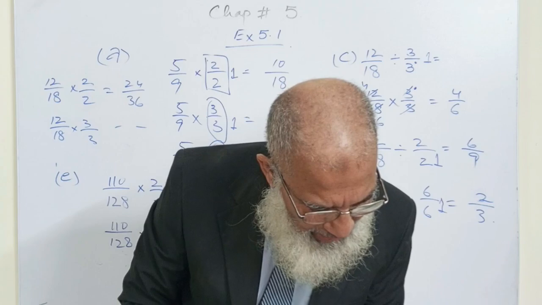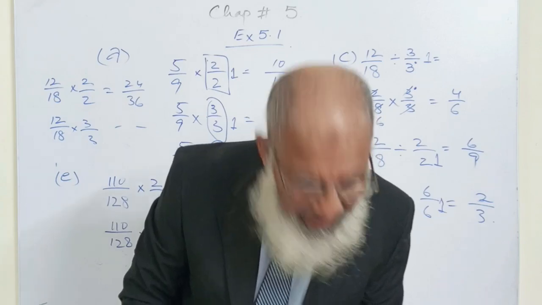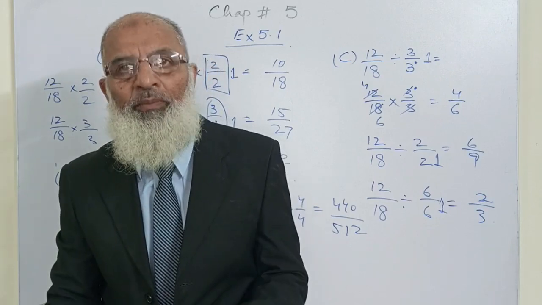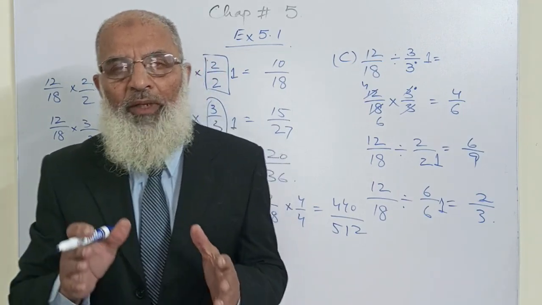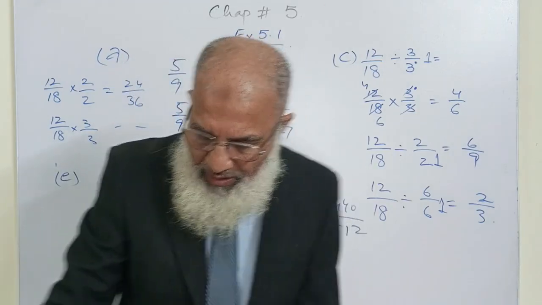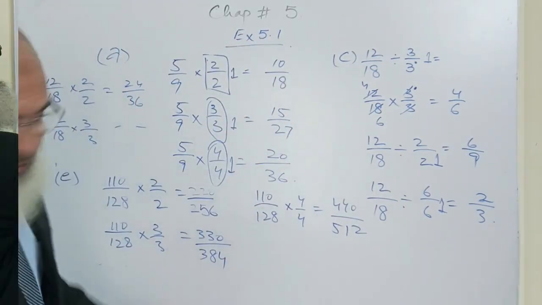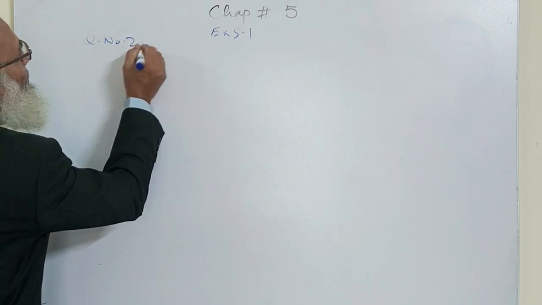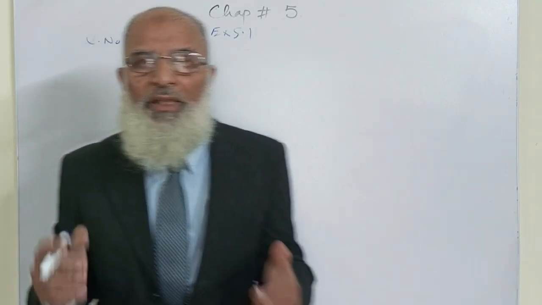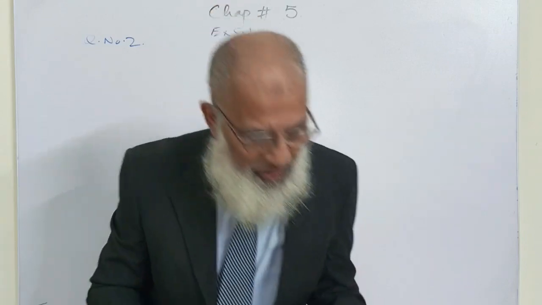Now question number 2. Express each of the following fractions in its simplest form. When it is said to simplest form, then we have to divide rather than multiply. So let me erase the table. Now we have to bring these fractions into their simplest form.